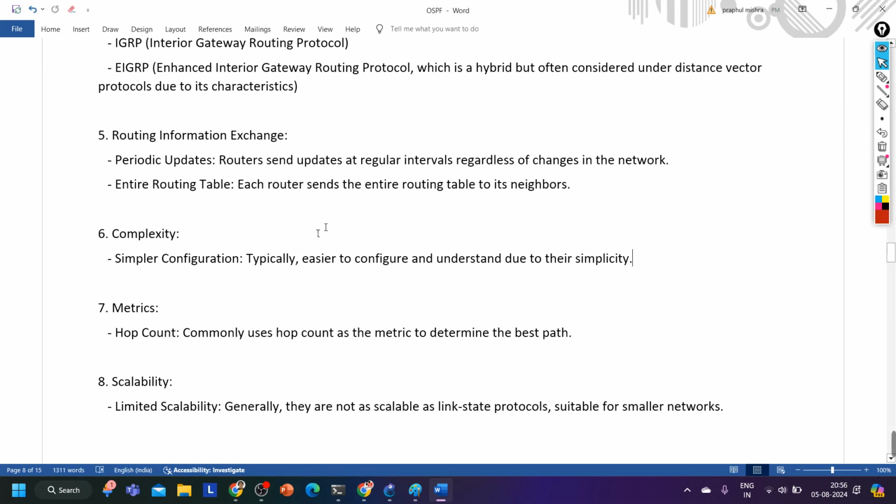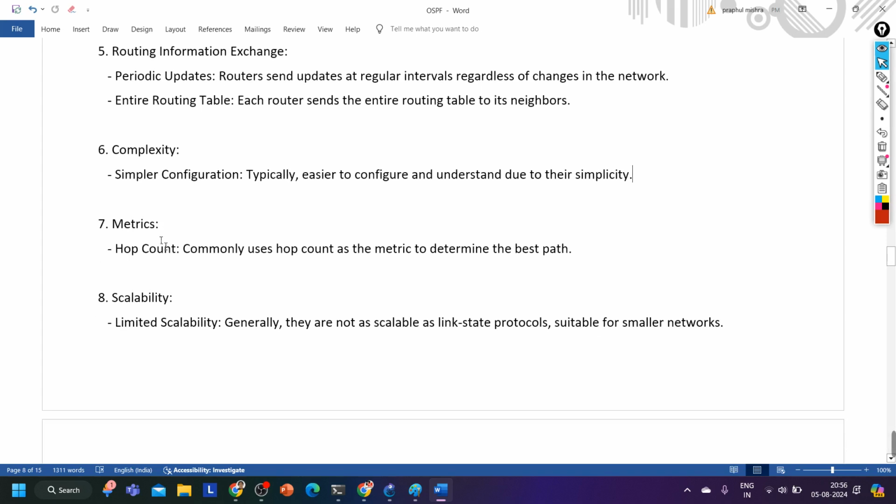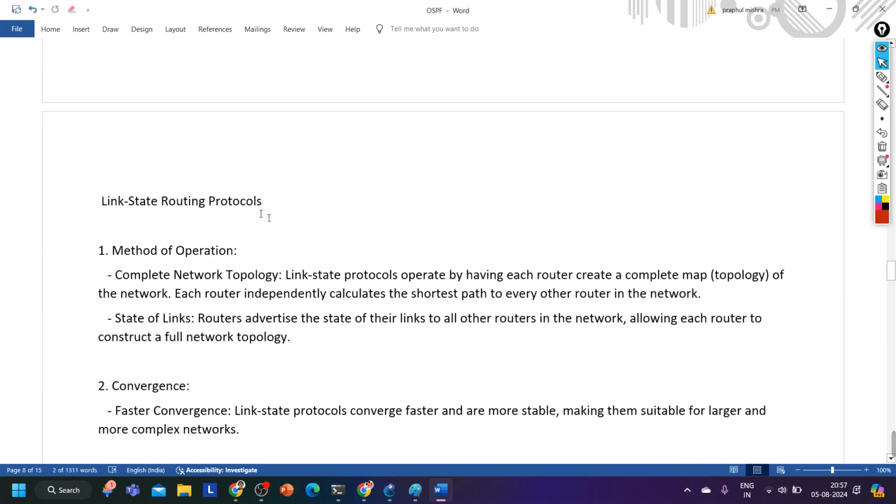So definitely distance vector routing protocols are easier than link state routing protocols. Metric calculation, again, is an issue: hop count only. Scalability: there is a hop limit. In RIP, you can connect up to 15 routers. In EIGRP, you can connect up to 255 routers, which limits the size of the network. So we have a scalability issue here.